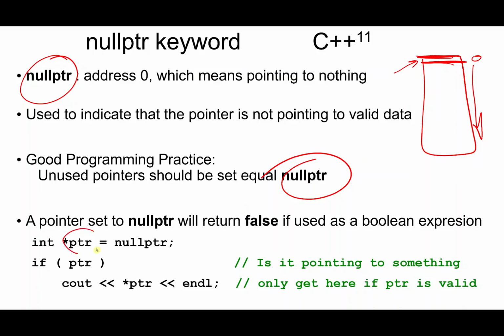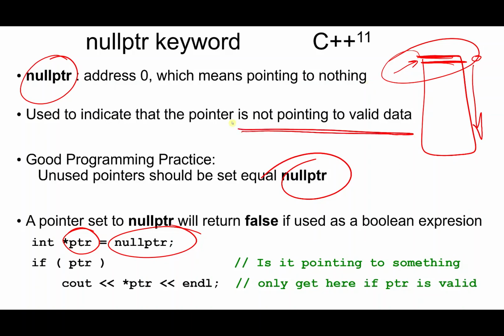Something like this: if I have a pointer that points to this location, which is 0, meaning it points to no valid data or to nothing, which is the same thing, and I use it as a Boolean expression, it's going to give me false.